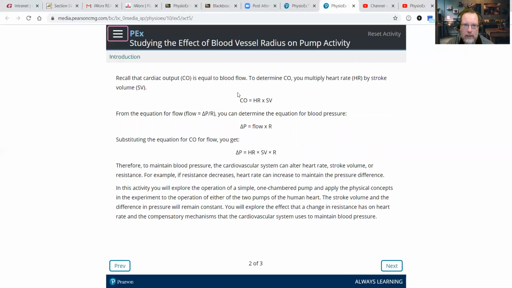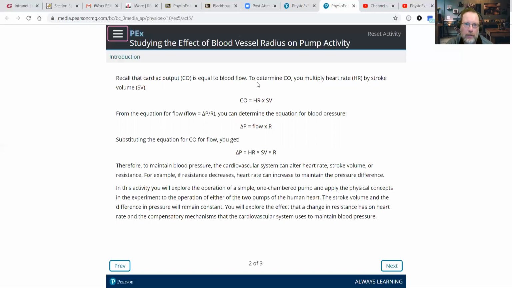Cardiac output is a fancy way of saying blood flow. So flow and cardiac output are the same thing. How do we determine cardiac output or blood flow? We look at cardiac output in terms of milliliters per minute. To determine it, we multiply heart rate, how many beats per minute, times stroke volume, how much blood is ejected every time a ventricle contracts.